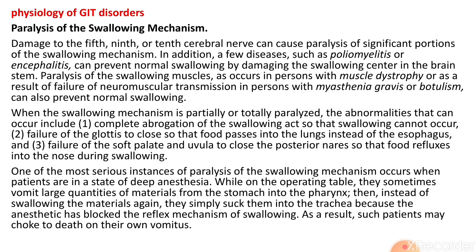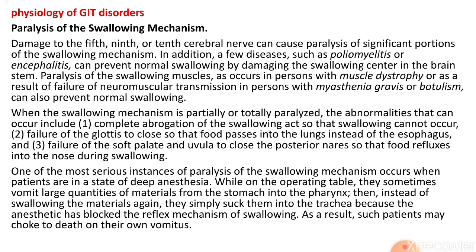The swallowing can be completely absent, completely abrogated, or partially affected, or sometimes it causes failure of the glottis to close, which might cause the food to pass to the trachea instead of passing to the pharynx.